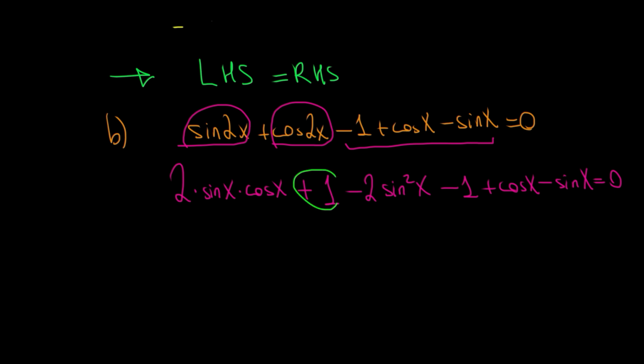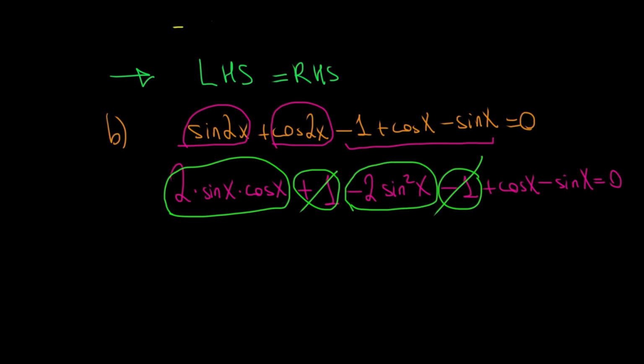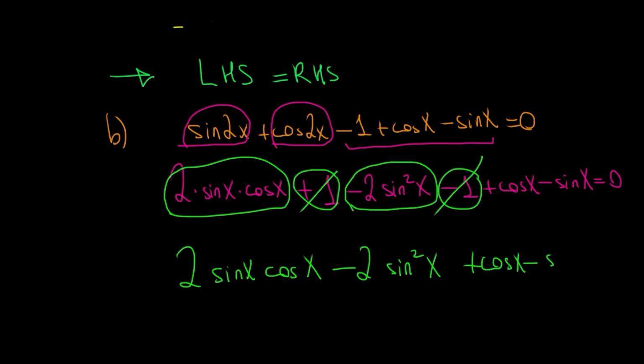Plus 1 minus 1 cancels out, so I'm going to eliminate this. Then I can group this term, which has 2 sin x, with this term which also has 2 sin x. So I'll have 2 sin x cos x minus 2 sin squared of x, and then I have plus cos x minus sin x equals 0.